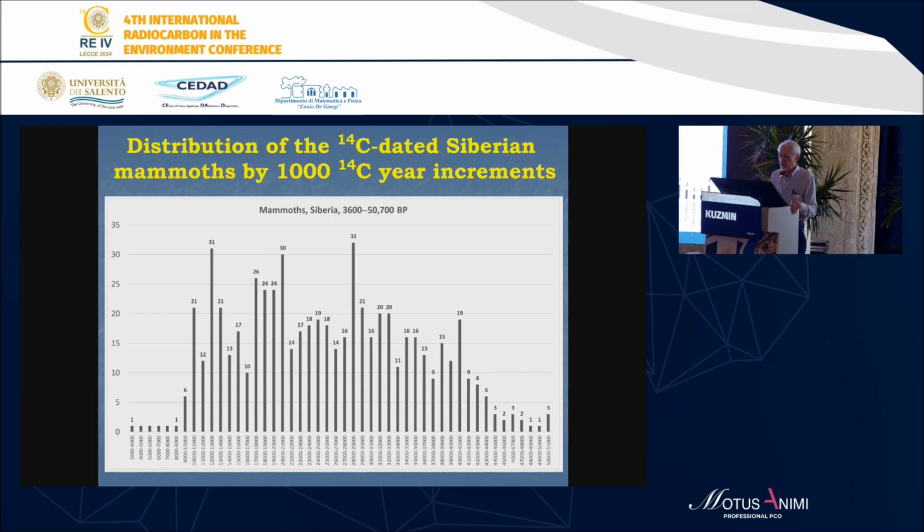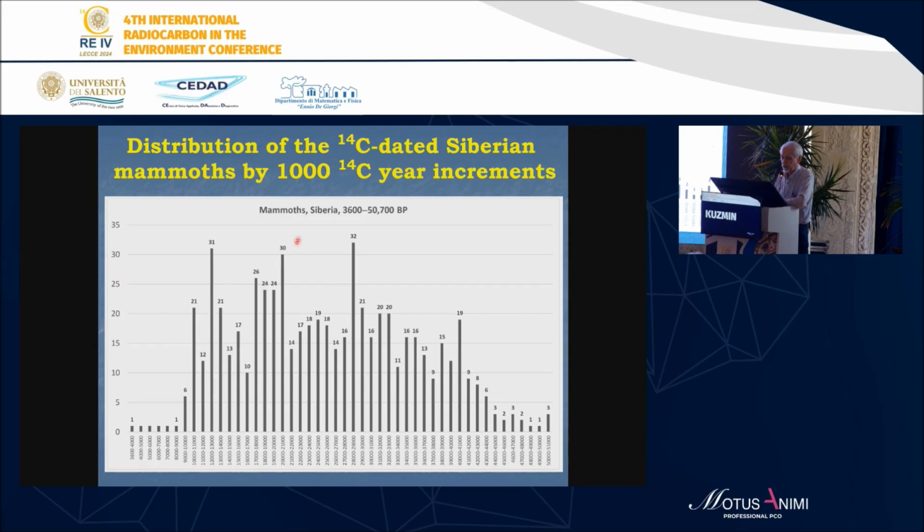As you can see, the fluctuations are quite big. Just see the very high number, 31 dates between 11 and 12,000 C14 years. That's the Younger Dryas, just before the mammoths went extinct a few thousand years later, but their number was quite high at the time.